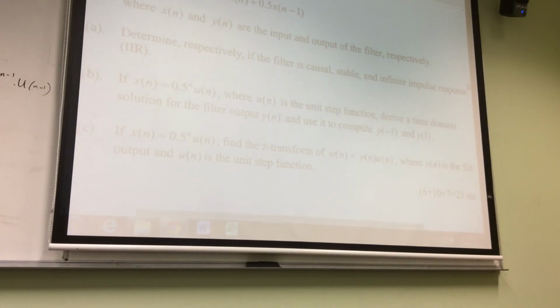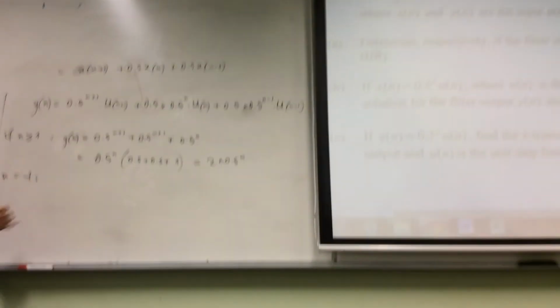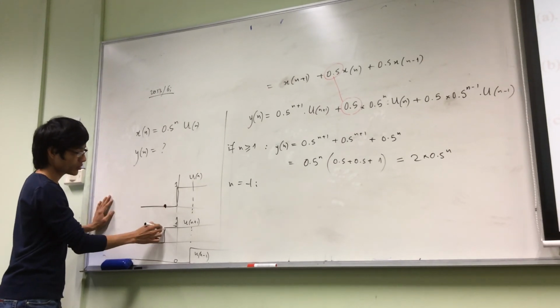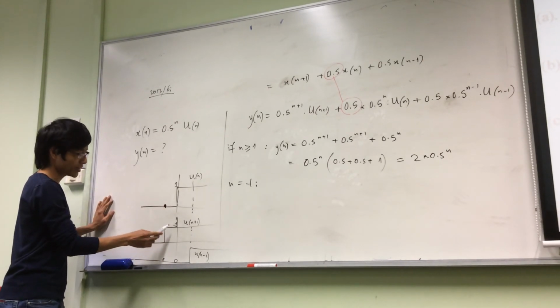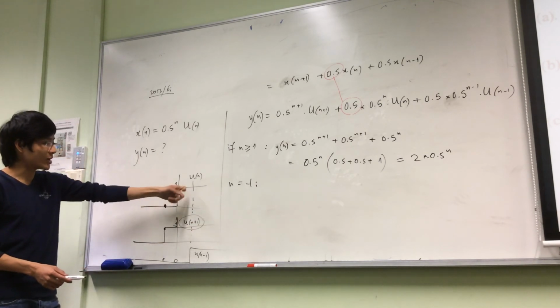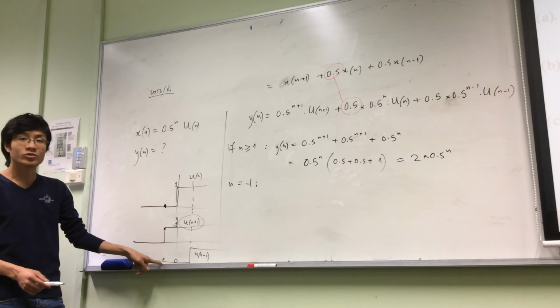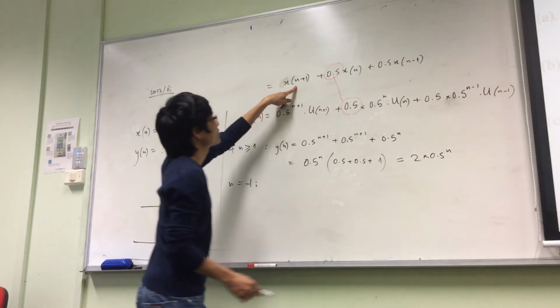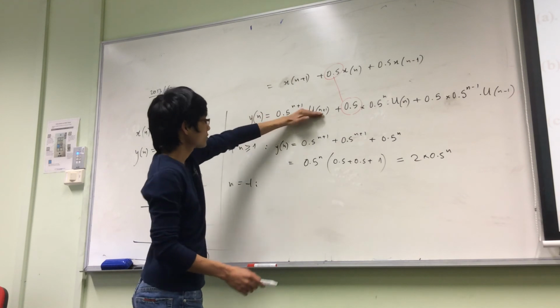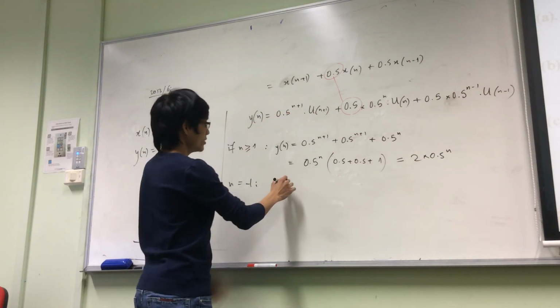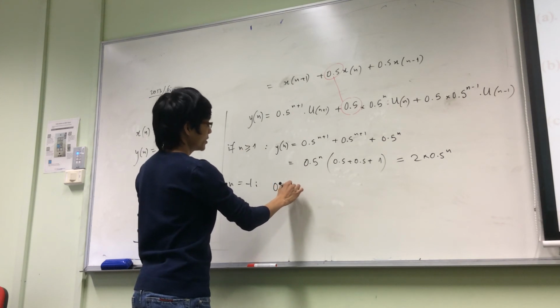So when n equals minus 1, you have this one equal to 0, this one equal to 1, this one equal to 0. So you only care about un plus 1. Anything else multiplied by un or un minus 1 will be equal to 0. So un plus 1, which is this one, will be 0.5 multiplied by minus 1 plus 1 multiplied by 1.